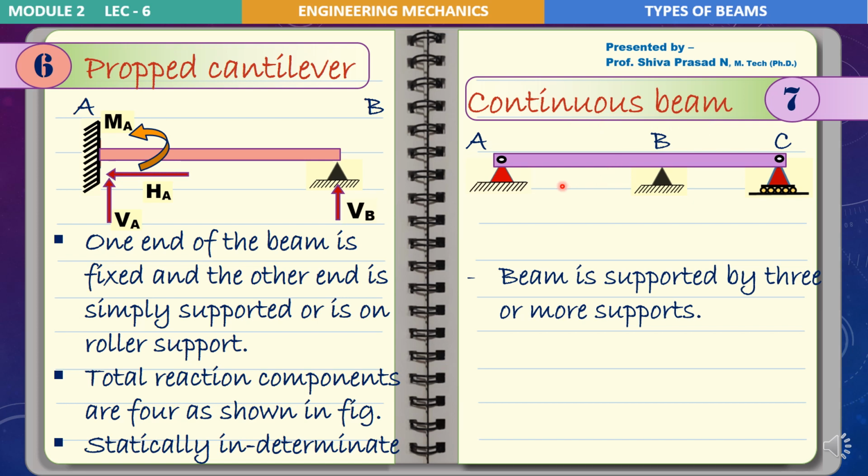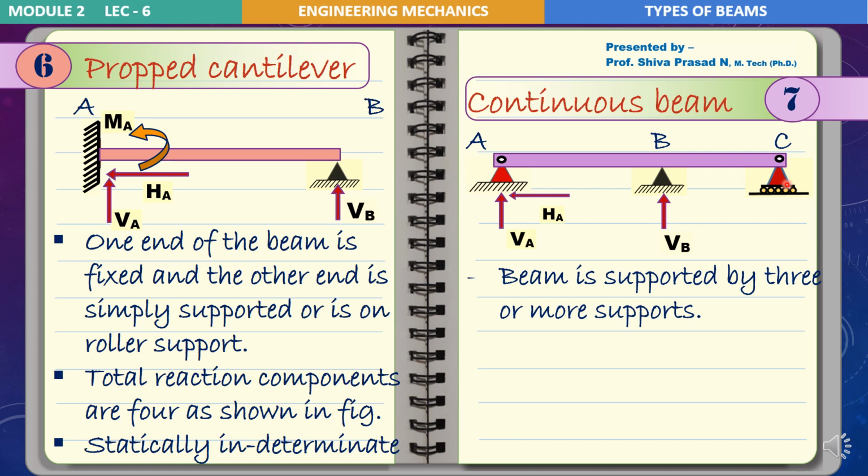Next, I'll draw the support reactions for this. At point A, I'll have 2 reactions, that is vertical reaction VA and horizontal reaction HA. Moving on to point B, I'll have 1 vertical reaction VB because it is a simple support.